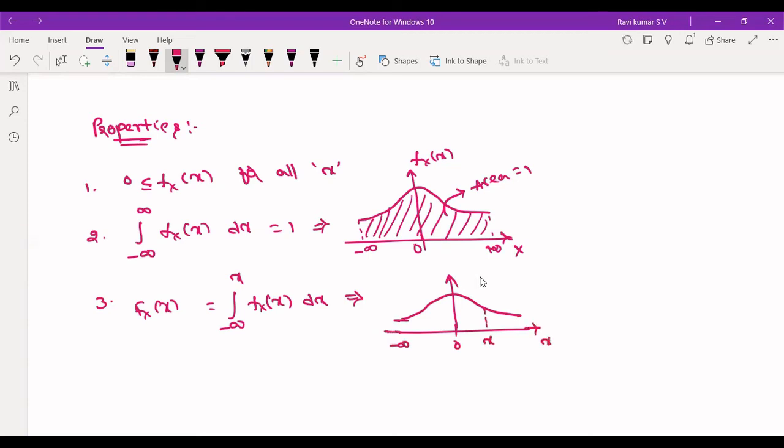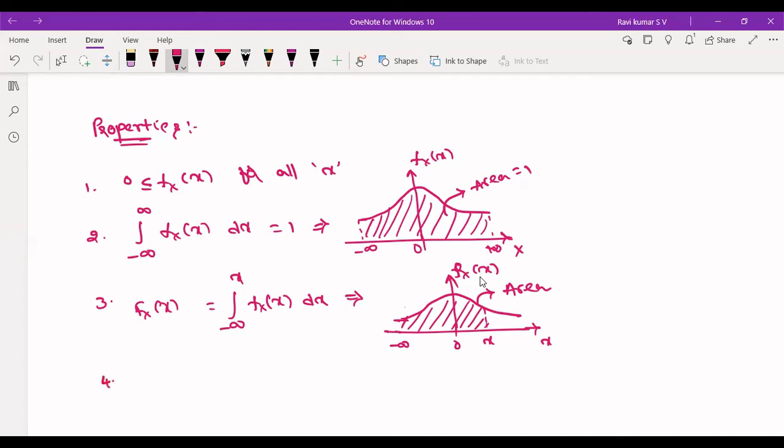So the value is given up to x only. The area under these limits minus infinity to x will give you the corresponding distribution function of that particular random variable by using the density function fx of x.